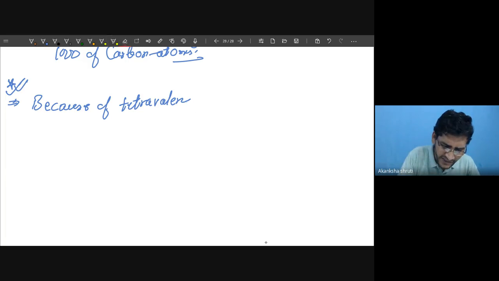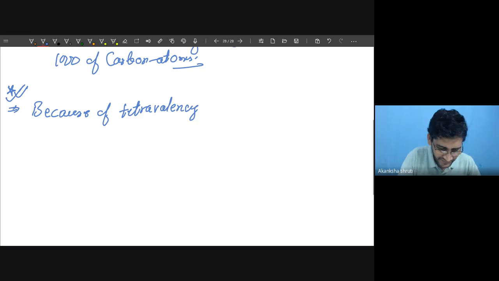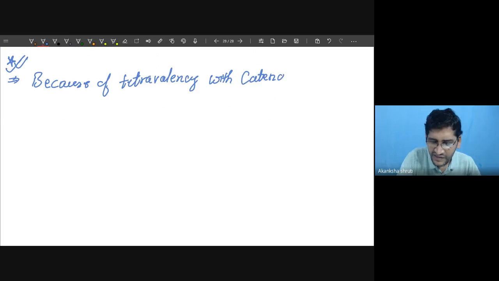So student, write this: because of tetravalency with catenation, this catenation means catenation to maximum extent, and the catenation is because of the smaller size of the carbon.